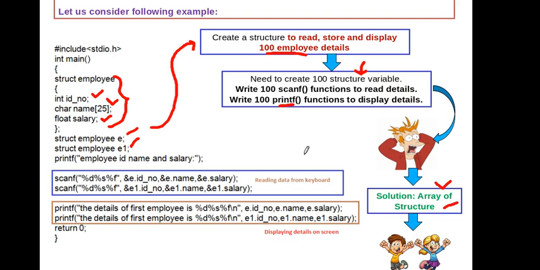Array of structure means instead of declaring 100 distinct structure variables, we can have only one structure variable, and that structure variable is of type array. This concept allows us to reduce the code and also makes it easy to manage things here.